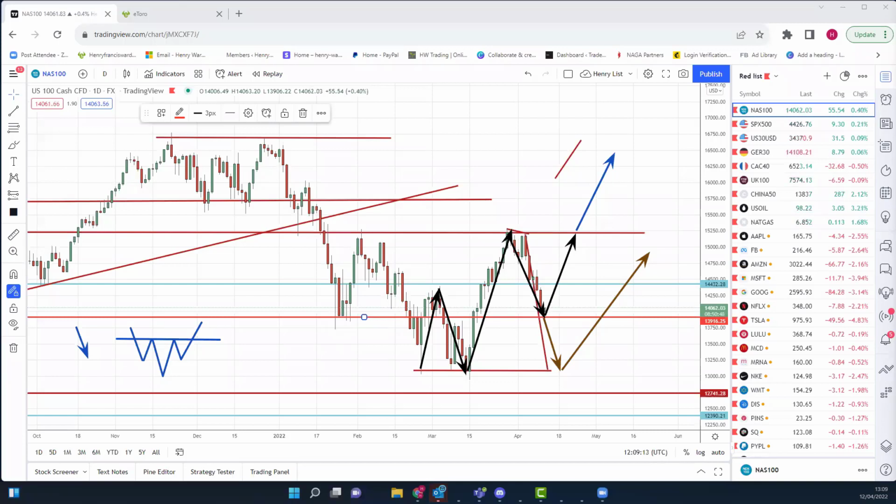So remember, trading is about probability. Okay, trading is about probability. So everyone, give me an answer on this. What's the probability of the market moving or bouncing to the upside at that point?